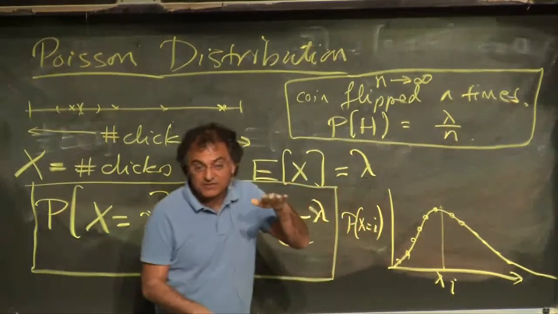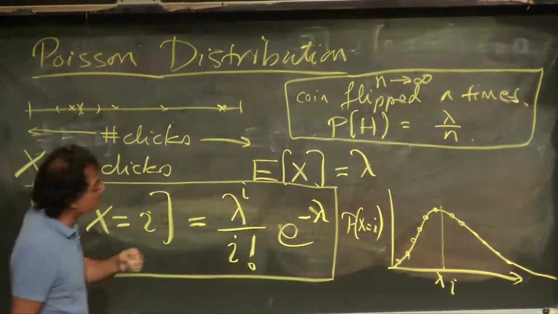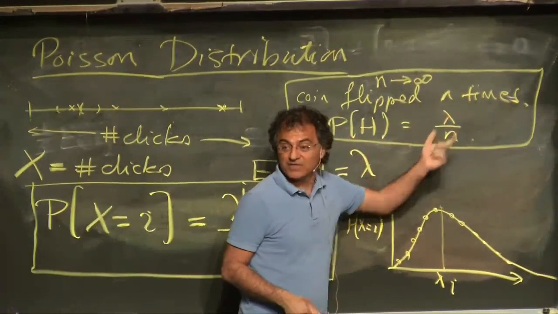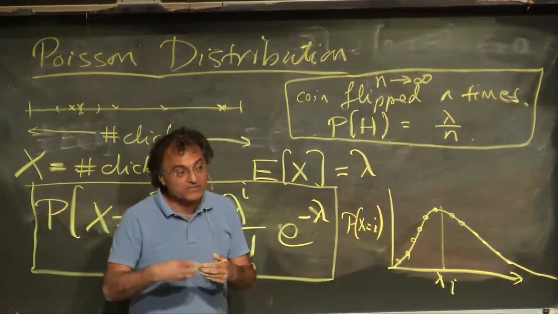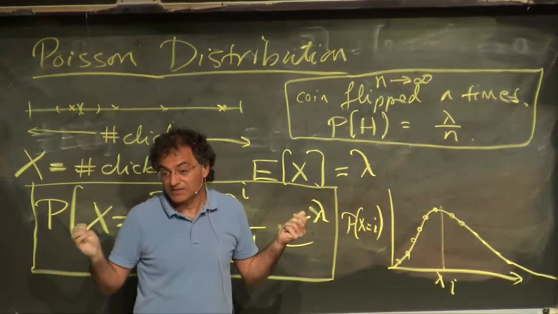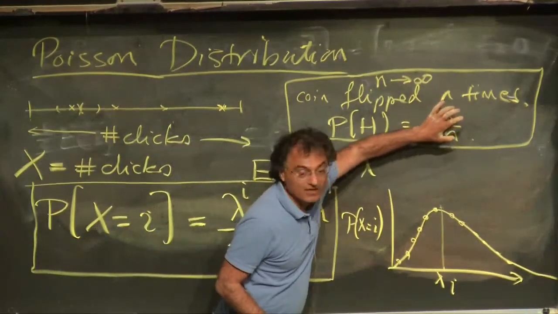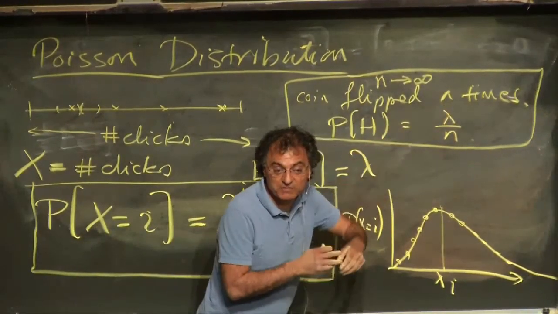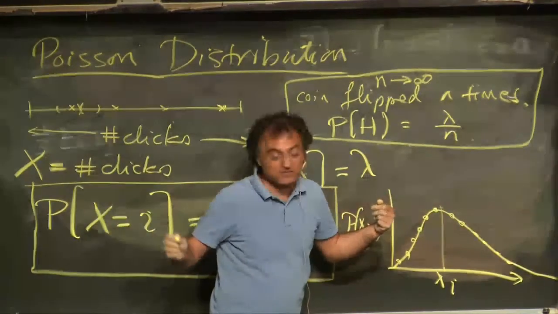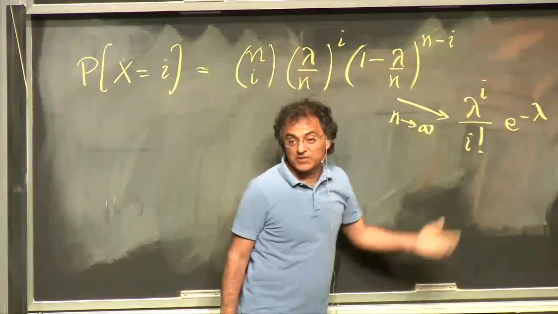And it balances out so that the expected number of heads stays at lambda, but the number of times the coin is flipped tends to infinity. That's the Poisson process. So it's just coin flipping, but now you have a finite number of heads, and it's been flipped a very, very large number of times. So we can do this calculation and see that it does work out.